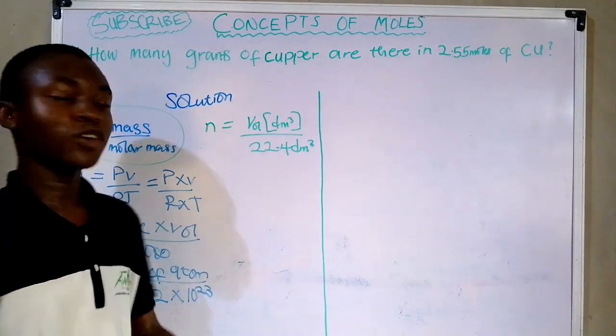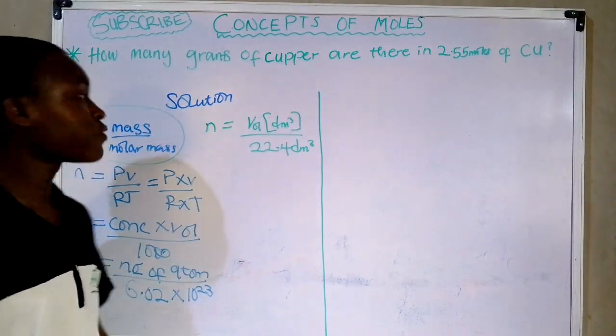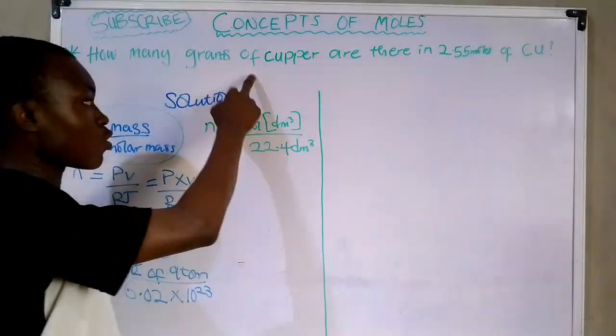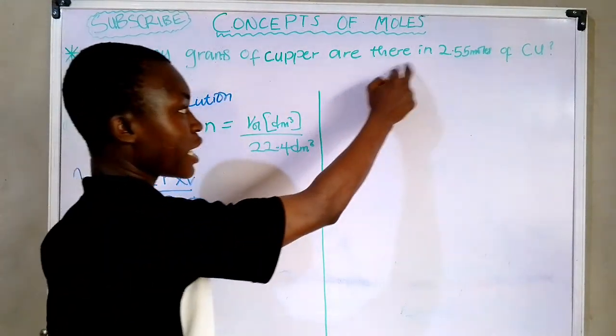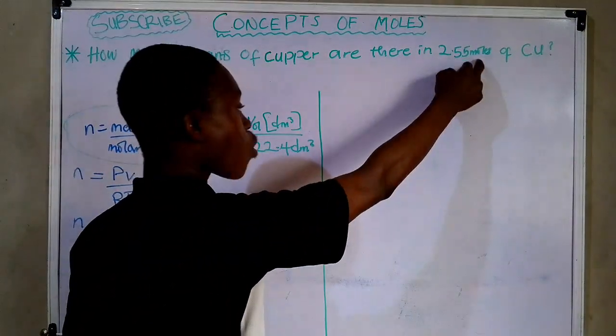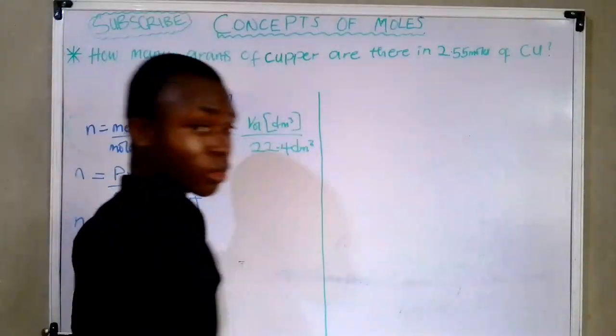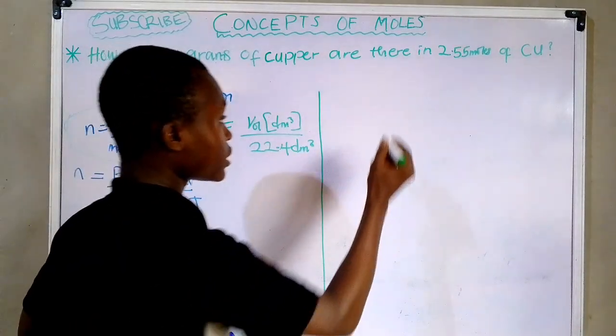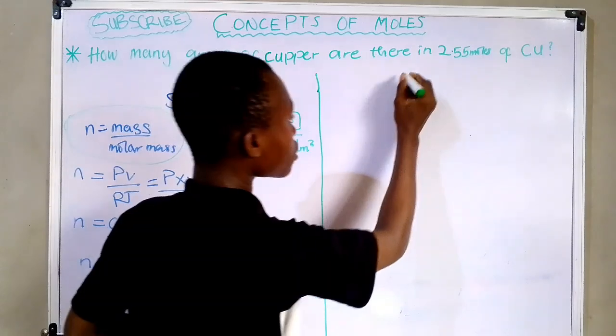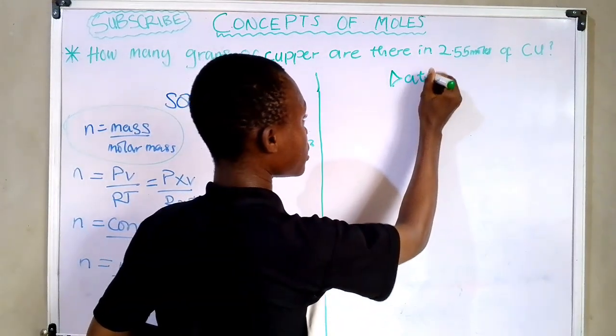Moving on to the next practice question, we have: how many grams of copper are there in 2.55 moles of copper? Now let's bring out our data obtained.